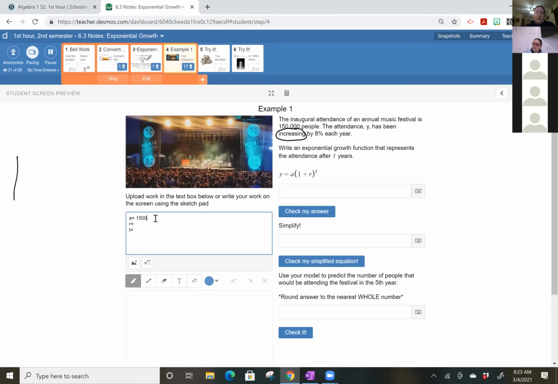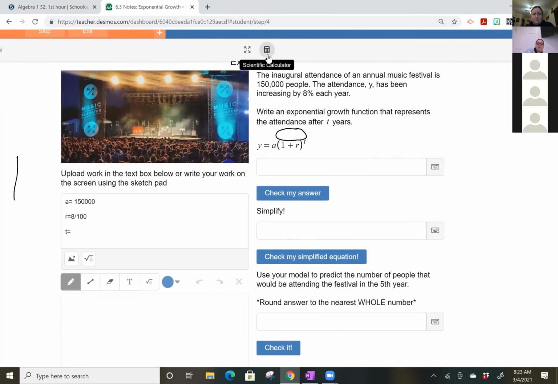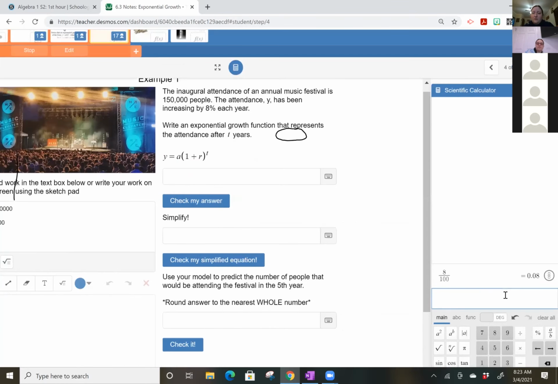I don't recommend putting the comma, okay? Now think about our slide number 2. What do I have to divide 8 with to get a decimal, to get rid of the percentage? 100. I'll make that a little bigger for you guys. All right, so in your calculator, 8 divided by 100. It's always going to be 100.